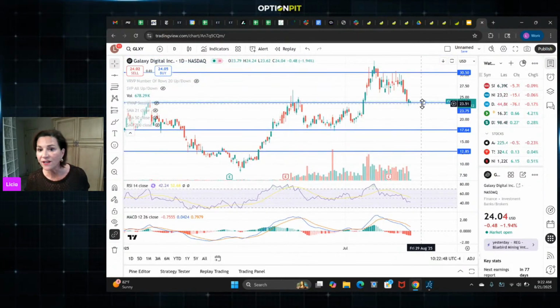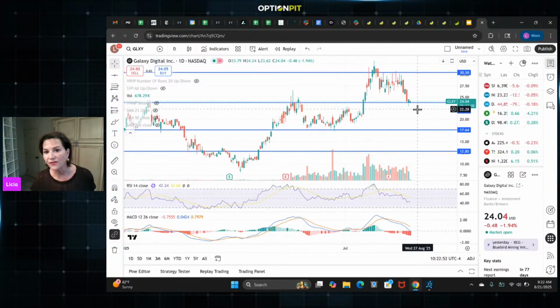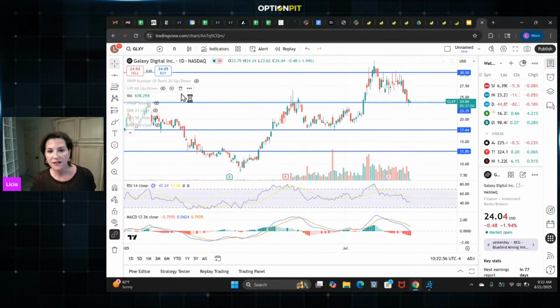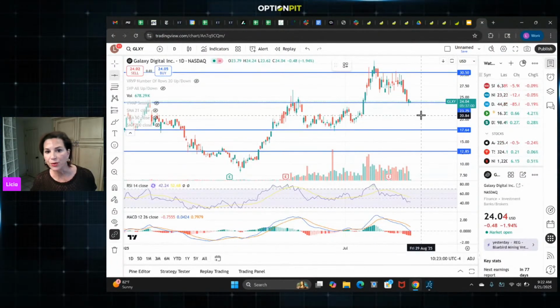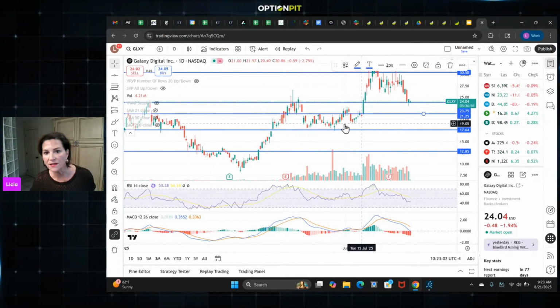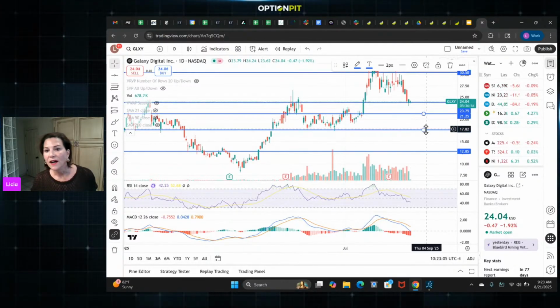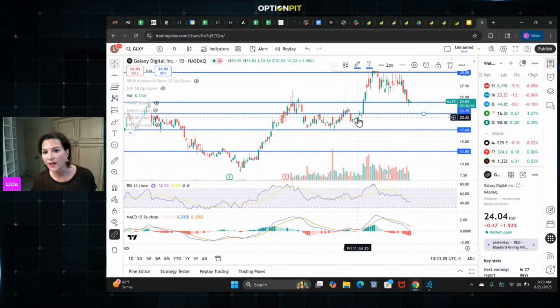Now, if this fails this level and you begin to see it really kind of fall apart, you can write it to the downside. And you can get pretty particular about your levels. Is it going to maybe pause there? Or is it going to trade all the way back down here, which is a little more powerful than that?